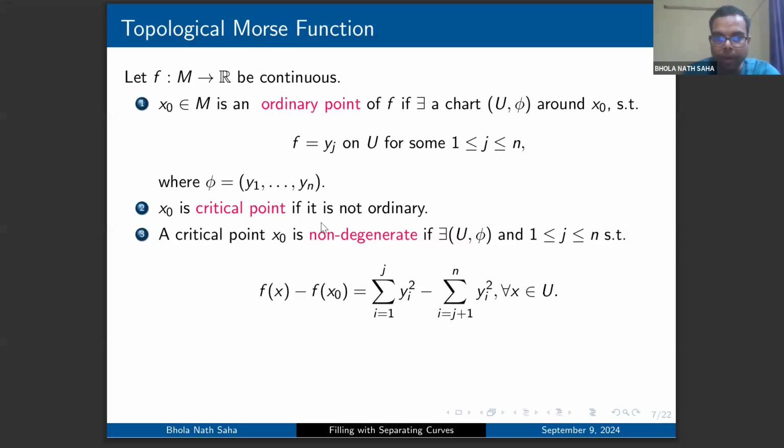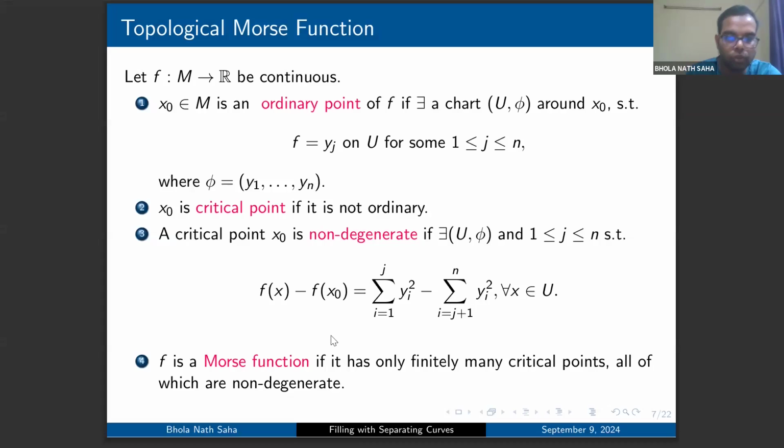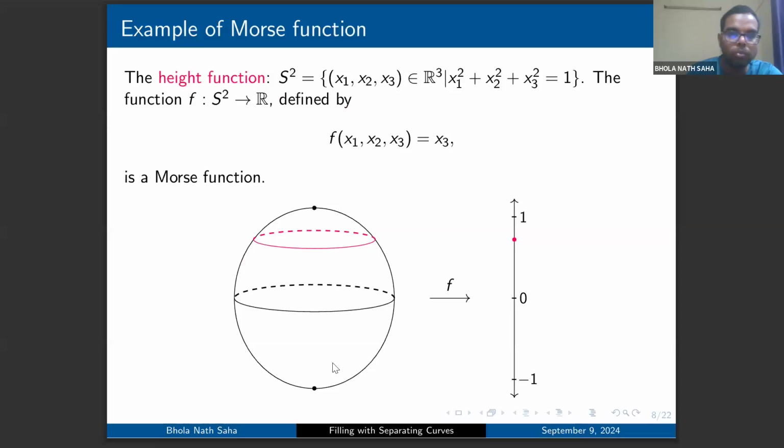A critical point is called non-degenerate if locally it can be expressed by this equation for some coordinate chart, and the function f is called a Morse function if it has only finitely many critical points, all of which are non-degenerate.